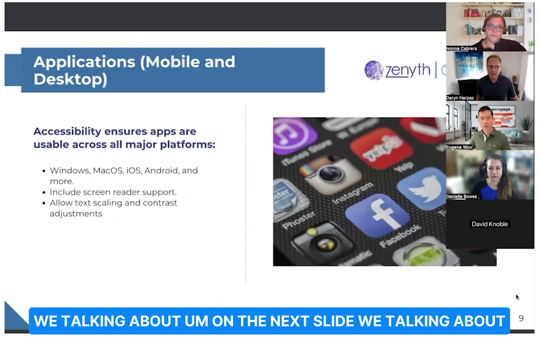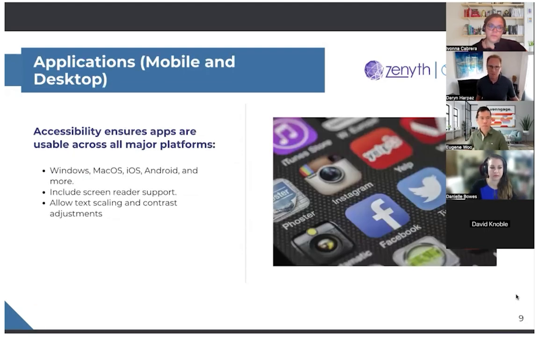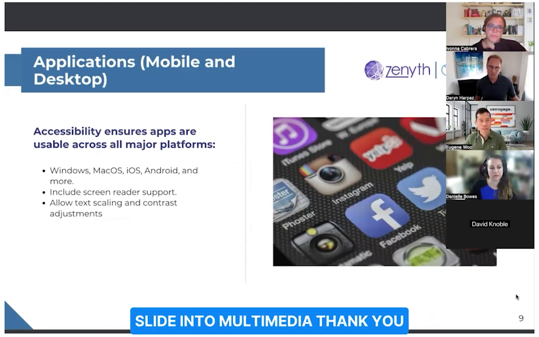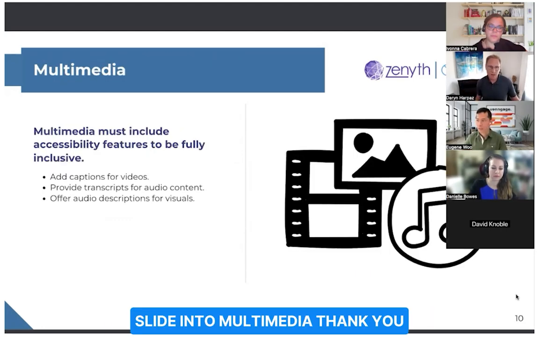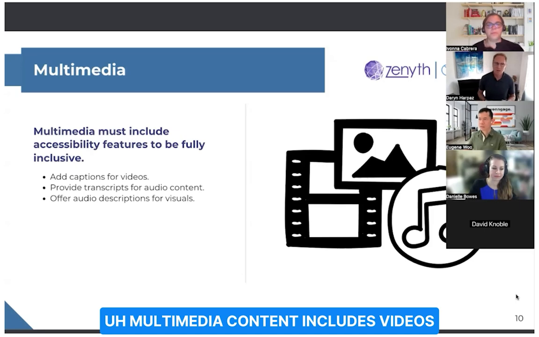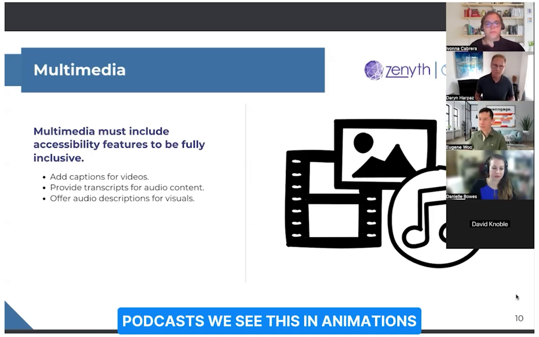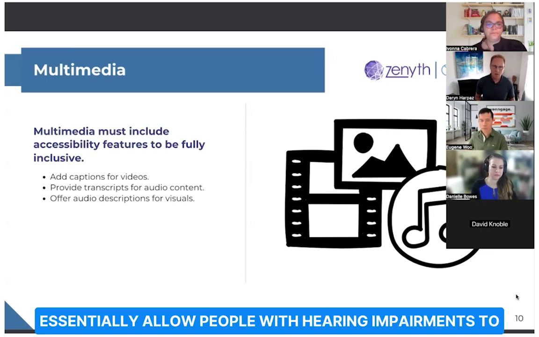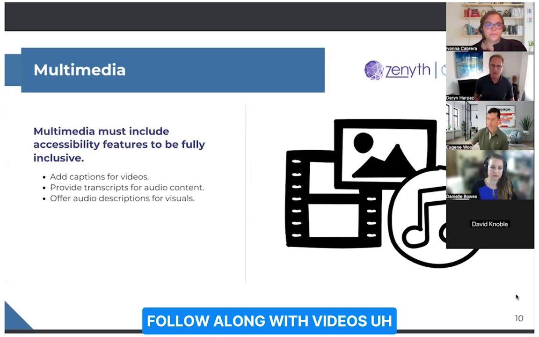On the next slide, actually, I'm going to jump ahead to slide 10, to multimedia. Multimedia content includes videos, podcasts, and we see this in animations. These should all be accessible to users with disabilities. Captions allow people with hearing impairments to follow along with videos.